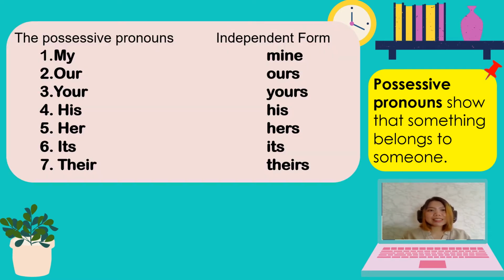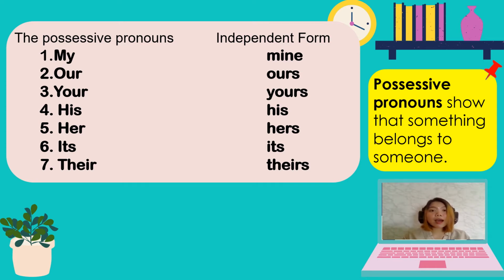Now, here are examples of possessive pronouns and its independent form. Later on, I am going to give you more examples on how to use these possessive pronouns and its independent form in sentences. We have the possessive pronoun my, and its independent form is mine.